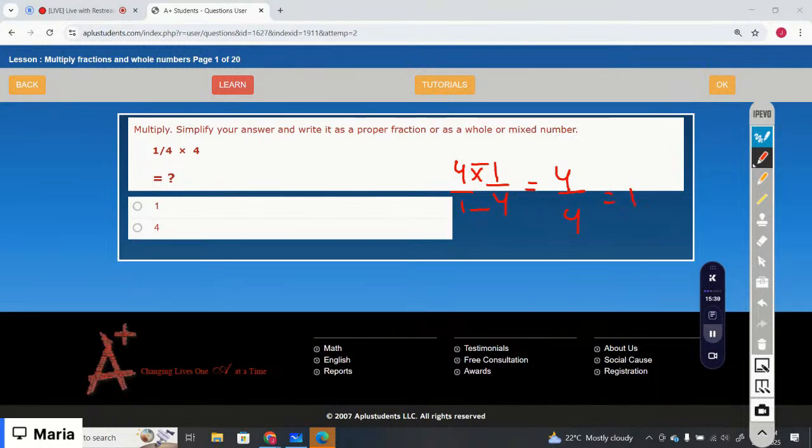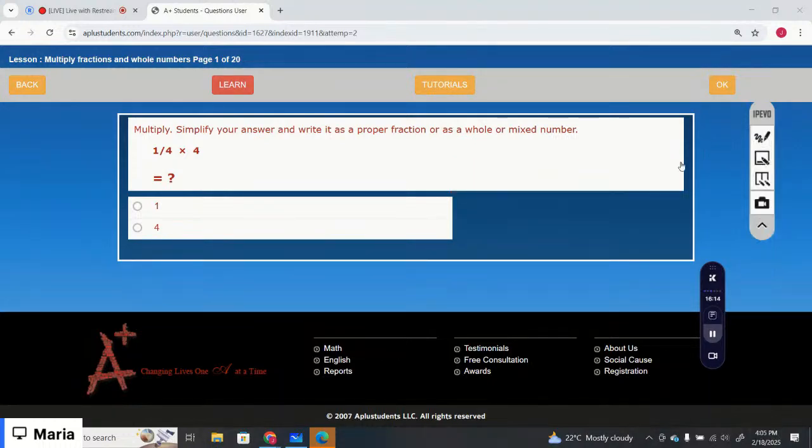So 4 divided by 4 is 1. The correct option is that is 1.